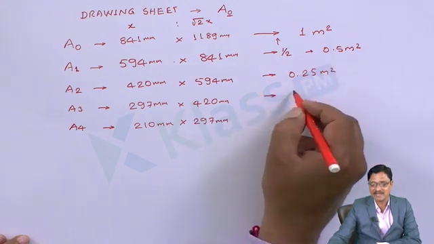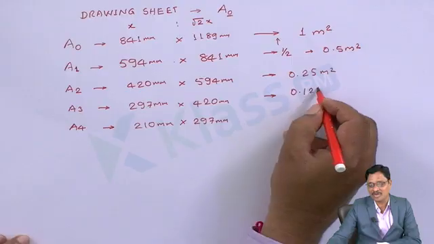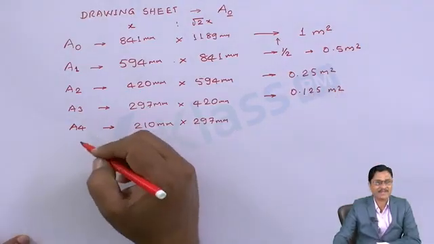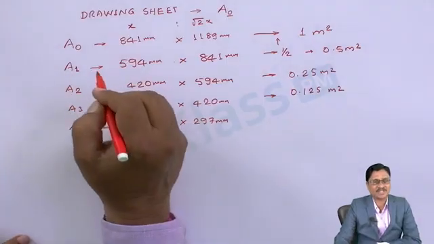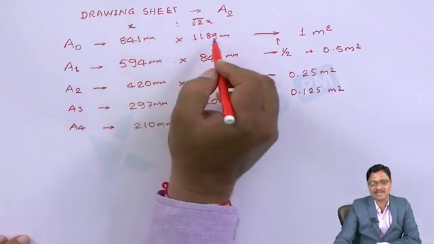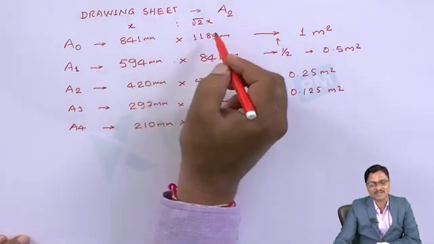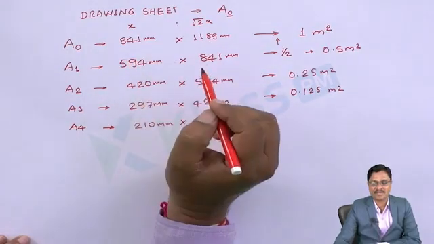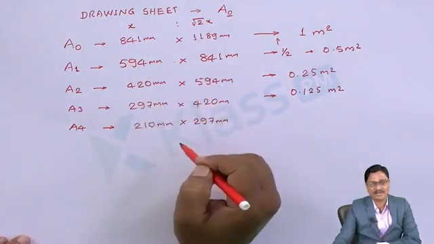Next it comes down to 0.125 square meter. So A0 is chosen as a 1 square meter area, and for feasibility they took the width to length ratio as 1 to root 2 and formulated the dimension as 841 by 1189.